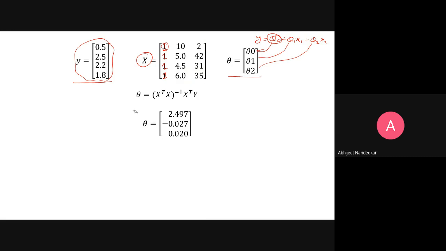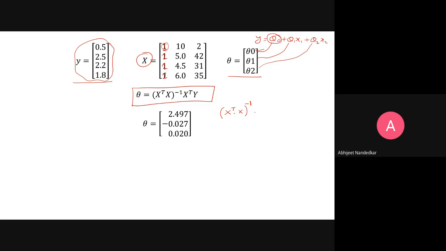Now we have only one step to compute theta. It's very simple to calculate theta. We have to implement only this equation. We take the X matrix, transpose it, and multiply it with X. Then you take this complete multiplication and find its inverse.